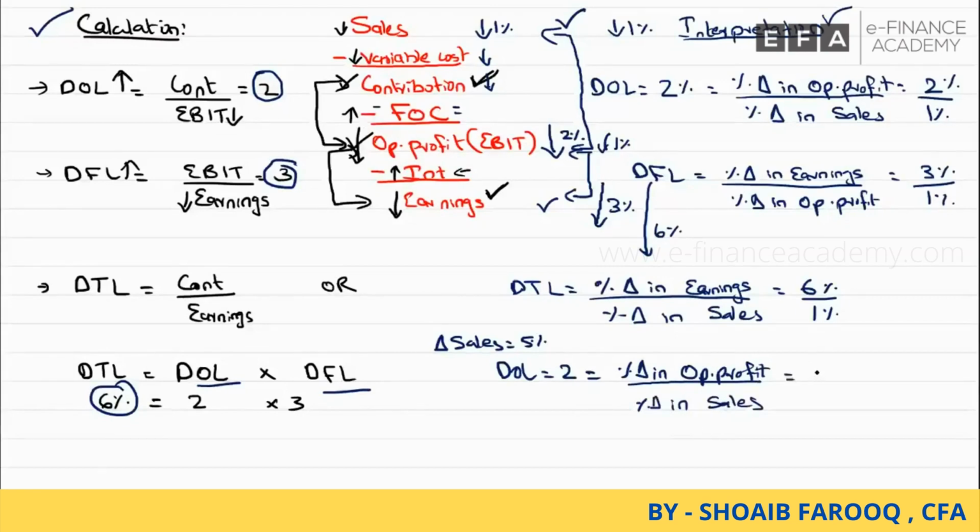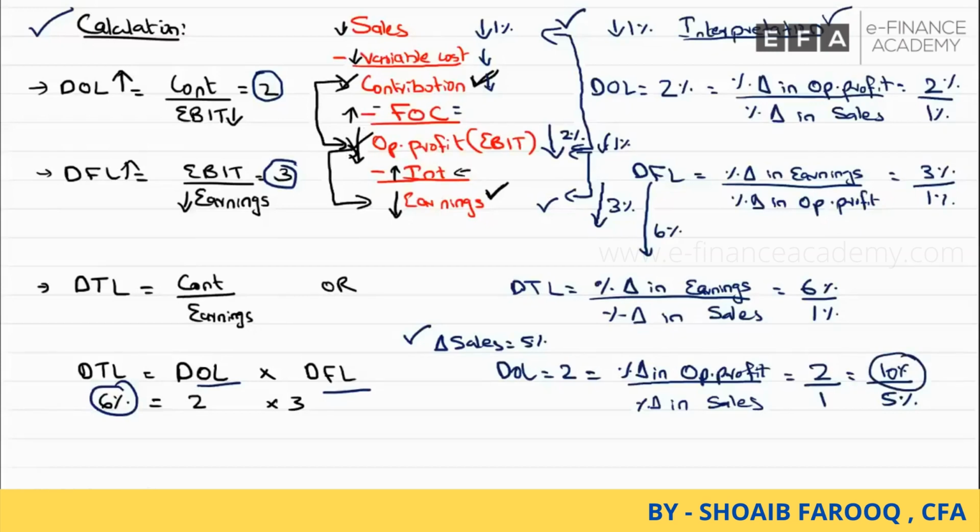Well, we know that the degree of operating leverage is 2 to 1, and we have been told that sales change by 5%. Of course, if sales change by 5%, that means operating profit will change twice, which is it will change by 10%. So that would be the answer.